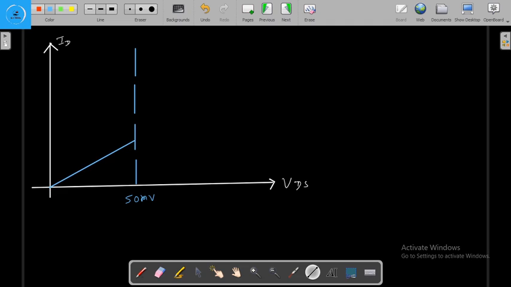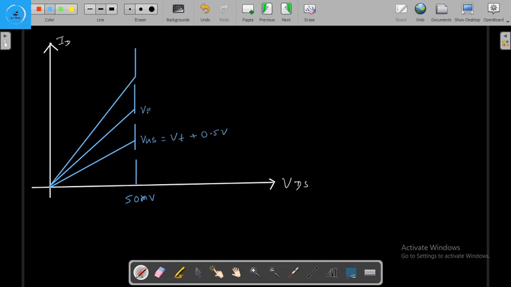See here, first let me draw, then I will explain. So here we have drawn this line for VGS equal to VT plus 0.5 volt.